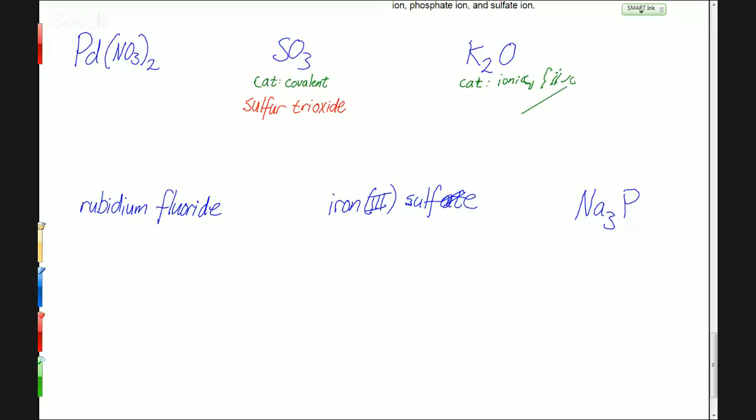Oh, this thing's broken again. I will just use the text. So category is going to be ionic fixed charge. And then our name will be, without any numbers, parentheses, it's just metal, and then non-metal with ide. So that's potassium oxide. We leave it at that.